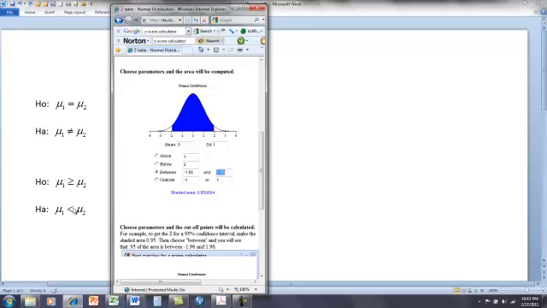Most research hypotheses are in this form because generally when we go in to conduct a study, we have an idea of how things work.